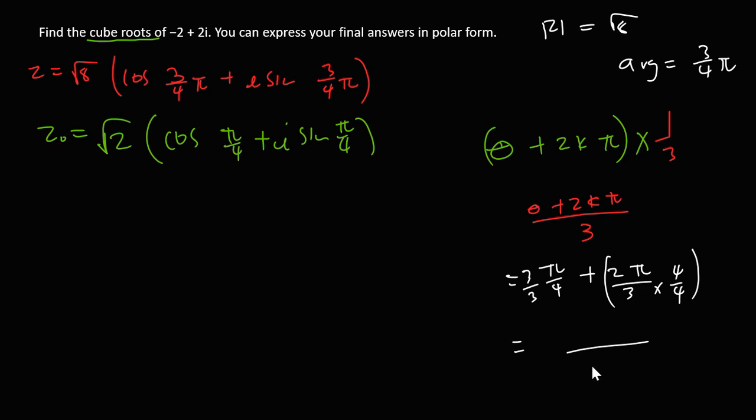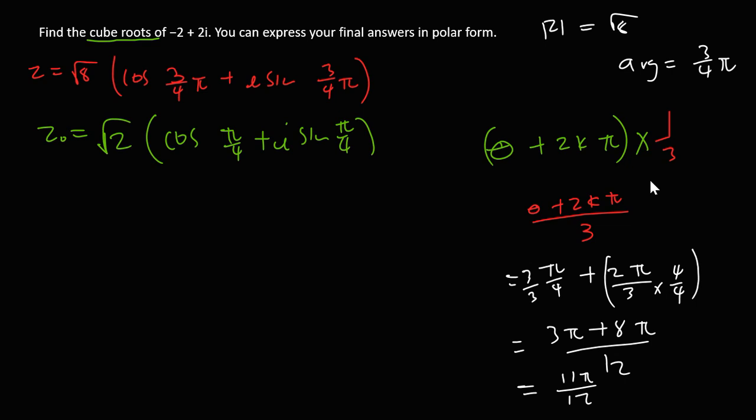So bear with me, sorry. Then we're going to have 12 here, and if we have 12 here, how many times does 12 go here? It's going to be 1, and then here we're going to be left with 3 pi. And how many times does 12 go here? It goes 1 time again, and here we're going to have 8 pi. Then we can add this one, we end with an argument of 11 pi all over 12.